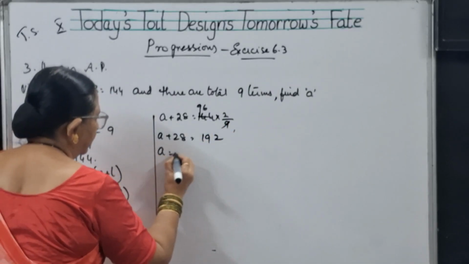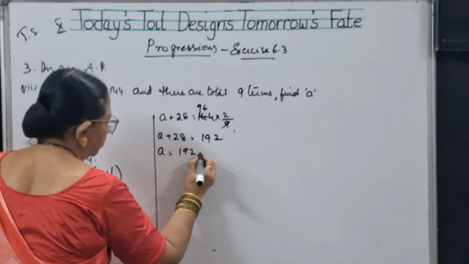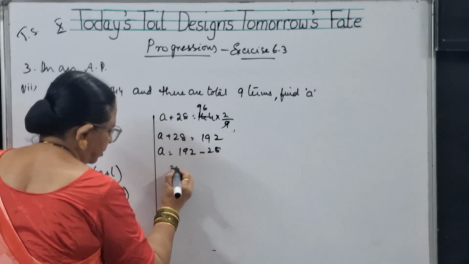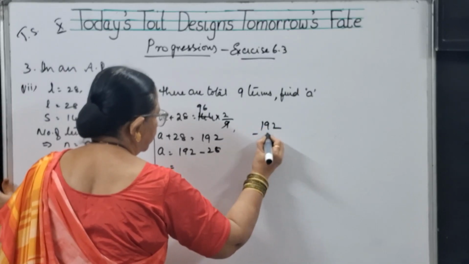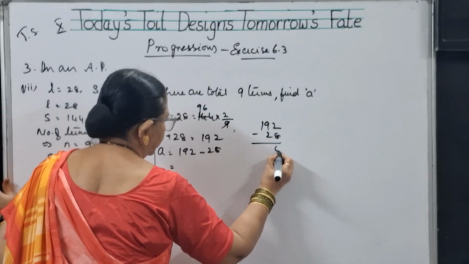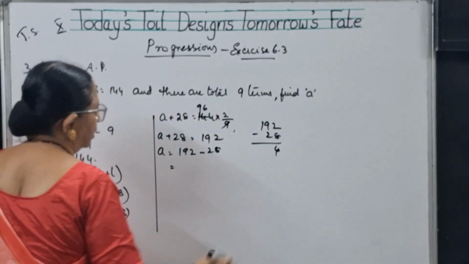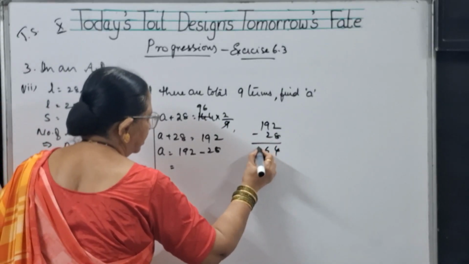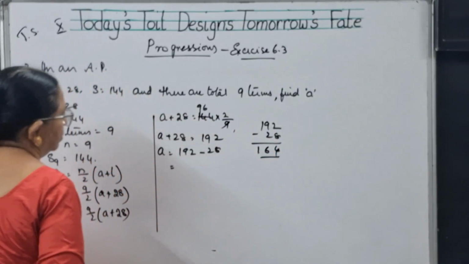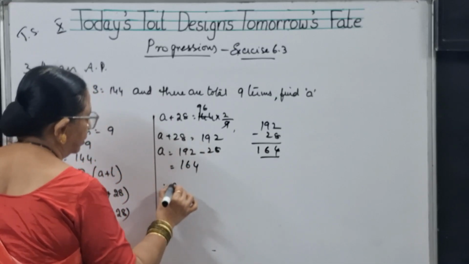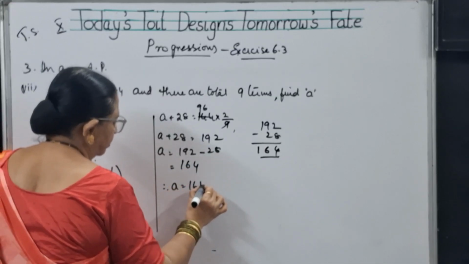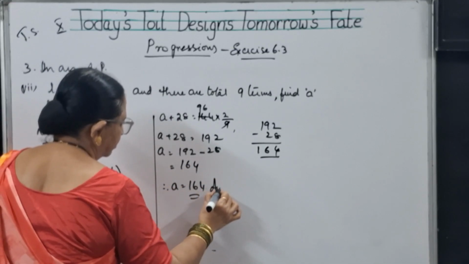So what is a? 192 minus 28. From 192, if you subtract 28, you are getting 4 here, and 8 minus 2 is 6, and 1. 164. So a is equal to 164 is the answer children.